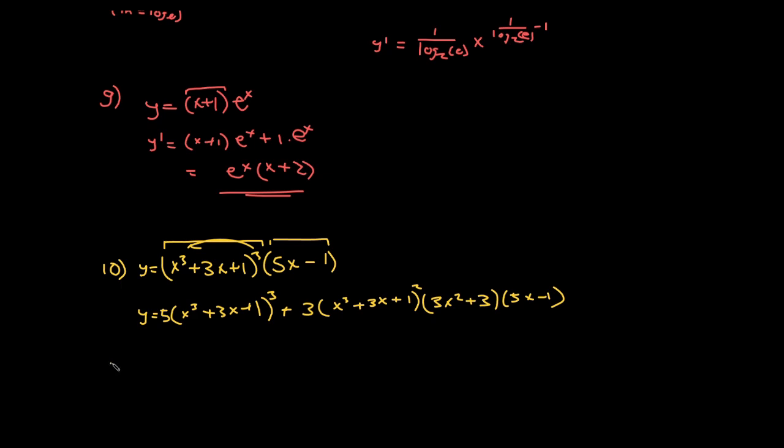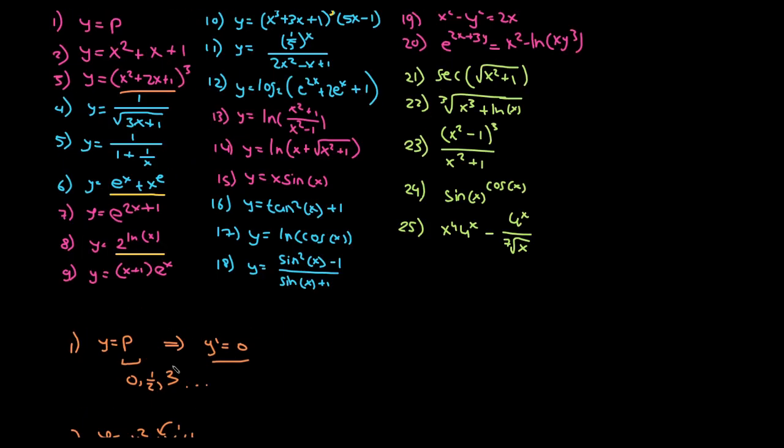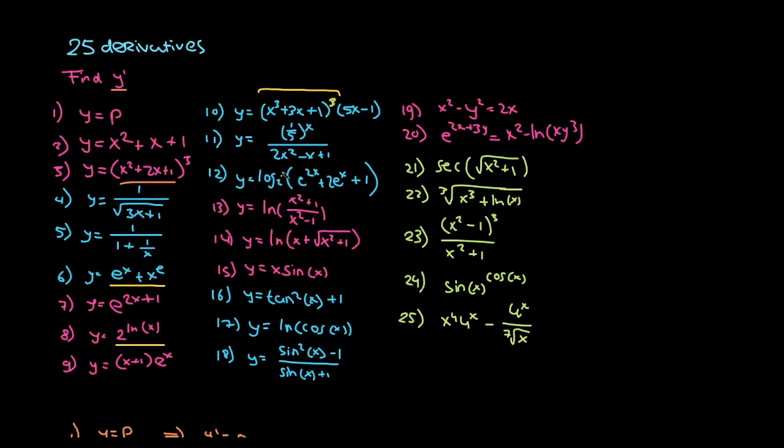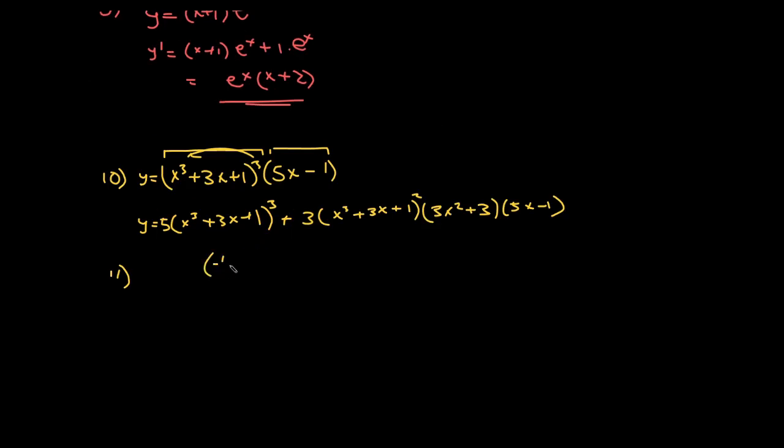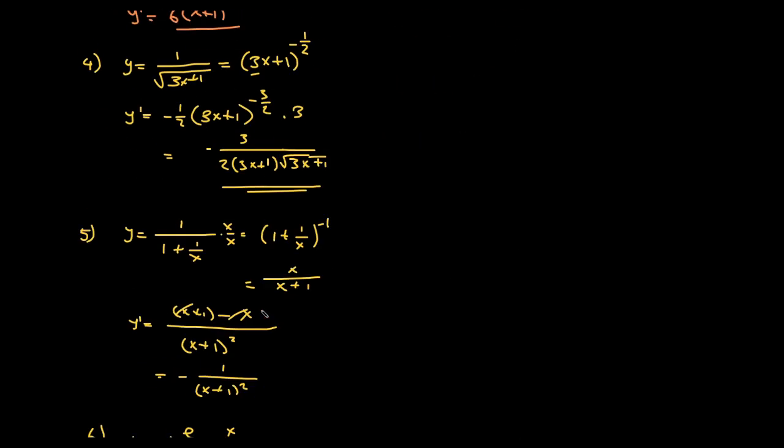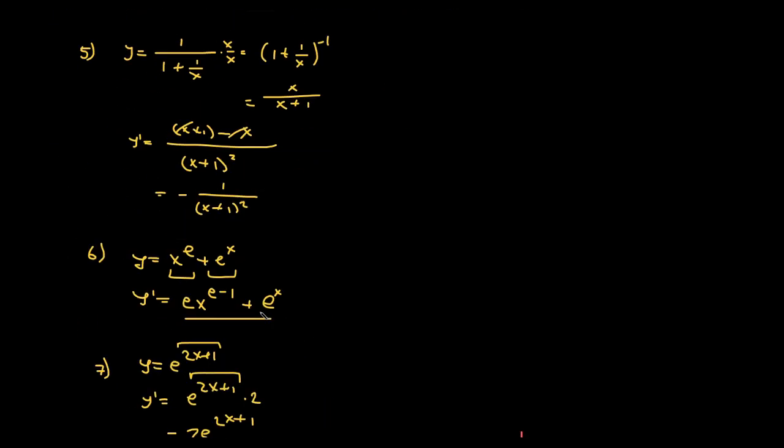Alright, so now we'll go to 11. Let's see what's 11. 11 is 1/5 to the power of x divided by 2x squared minus x plus 1. So we have 1/5 to the x, and then we have 2x squared minus x plus 1. Minus, was it minus x? Yeah, minus x is correct.